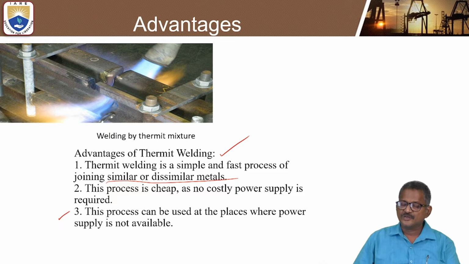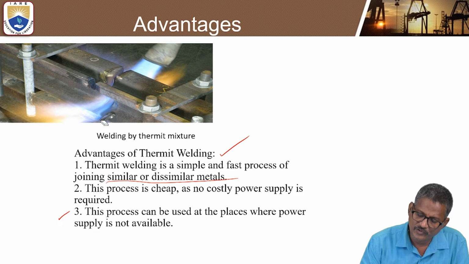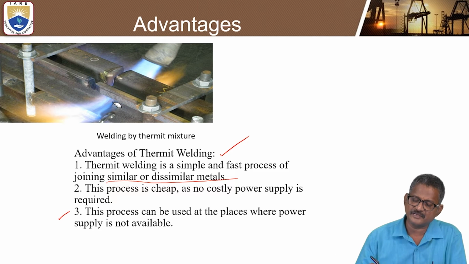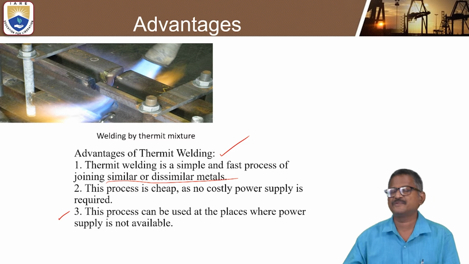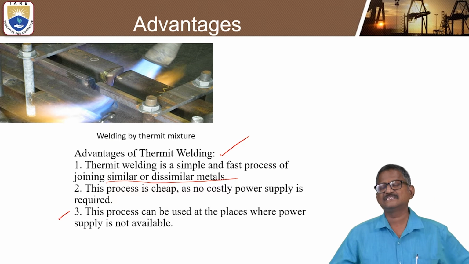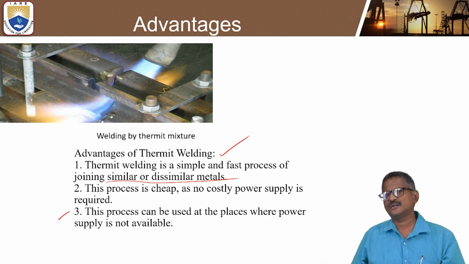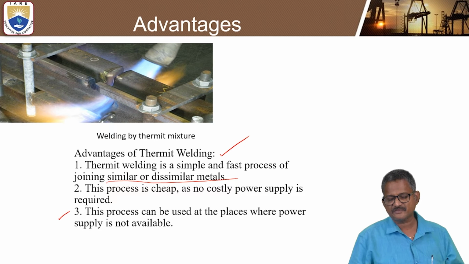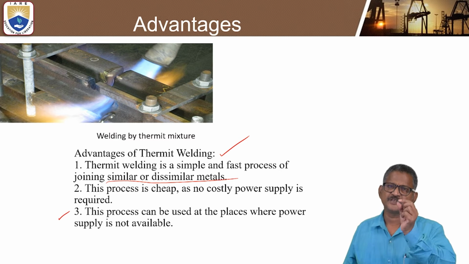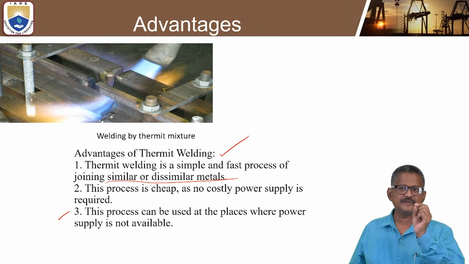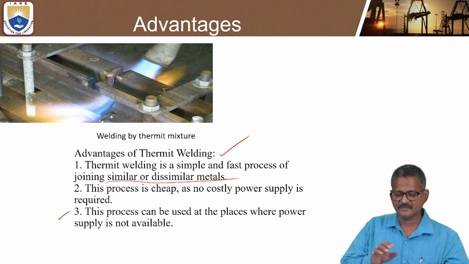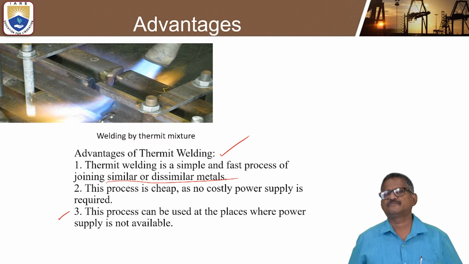I hope you can see the blue flame, yellow flame and some white flame that may be obtained in this process. The advantage of the thermite welding process is that it is a simple and fast process of joining similar or dissimilar metals.